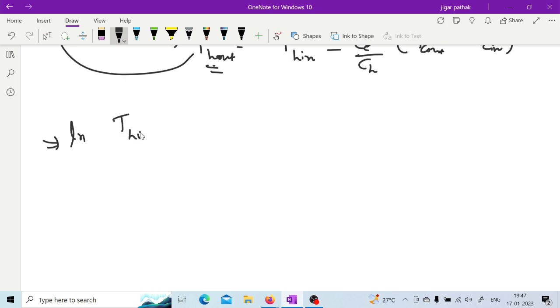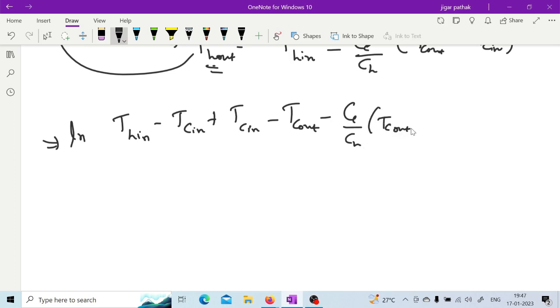Th in minus Tc in plus Tc in minus Tc out minus Cc by Ch (Tc out minus Tc in).